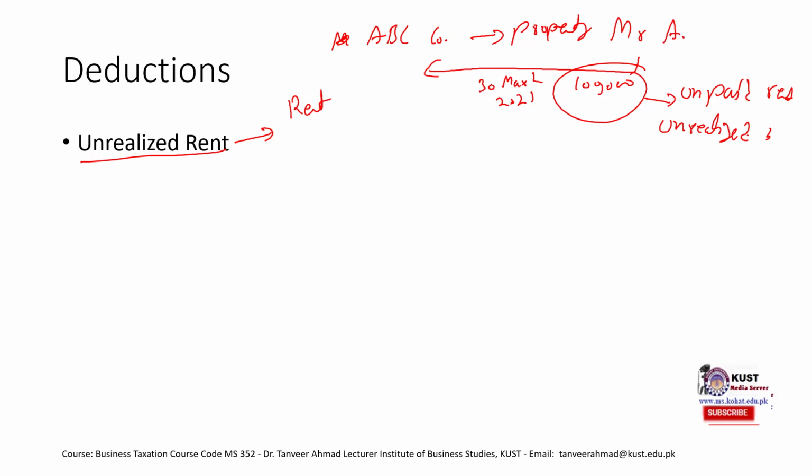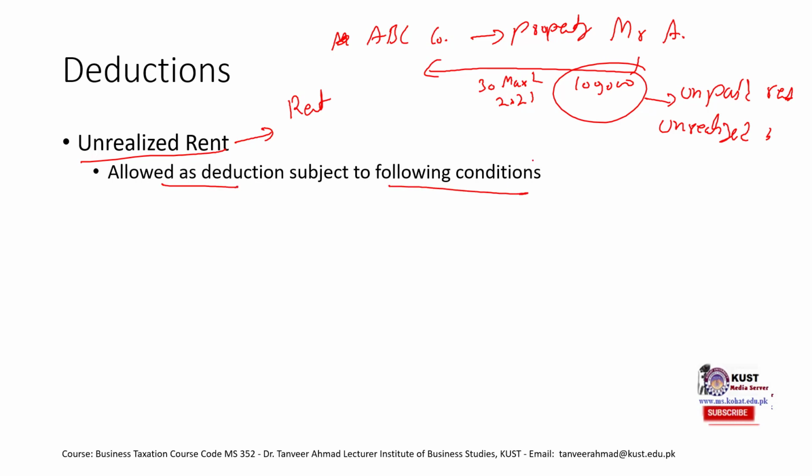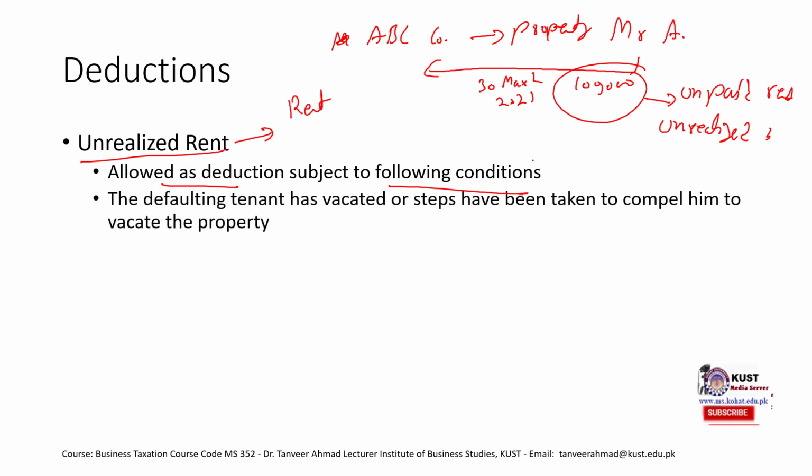So is unrealized rent or unpaid rent allowed as deduction? Yes, it is allowed as deduction, but there are certain conditions that need to be fulfilled. The conditions are that the defaulting tenant, which in this case is Mr. A, has vacated the property.